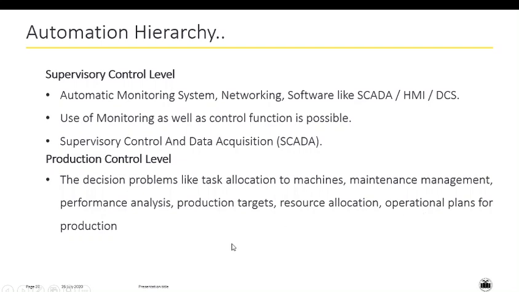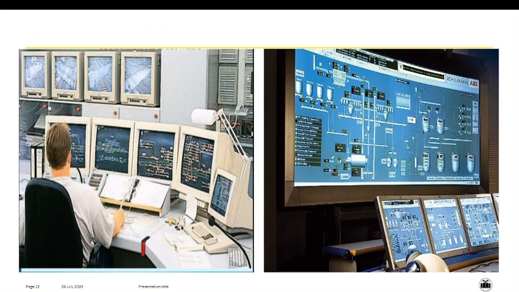Operational plans for production can also be made at this level. So the decision work is done at this production level, on a high configuration PC, by using various softwares for the management of production.